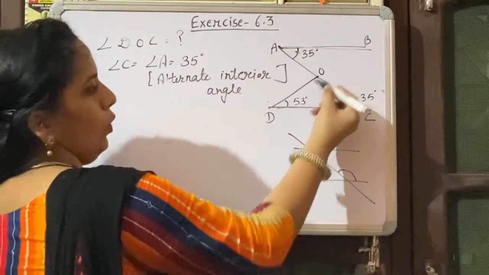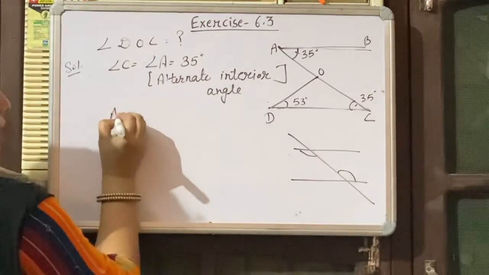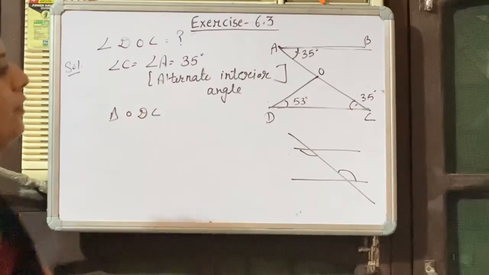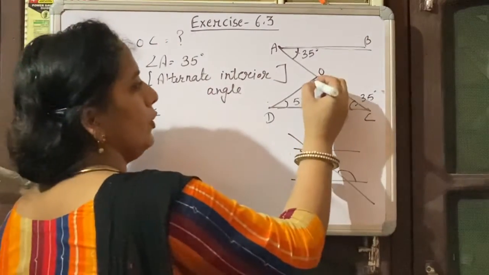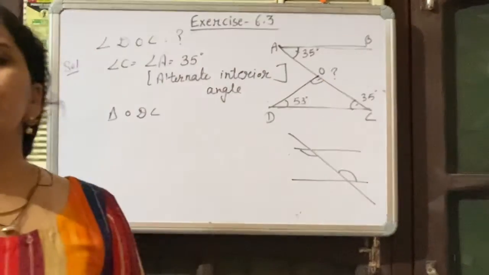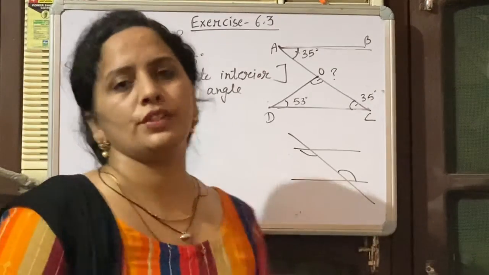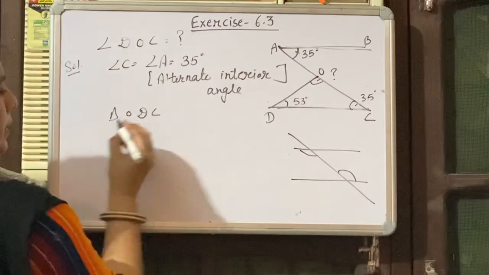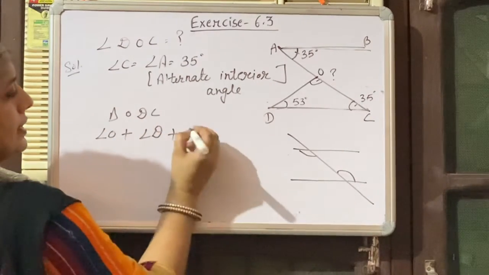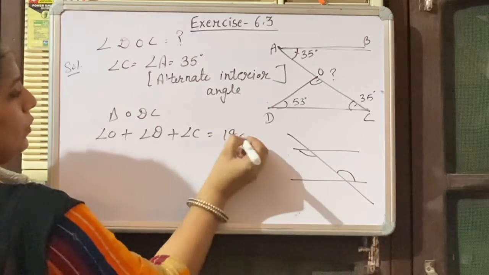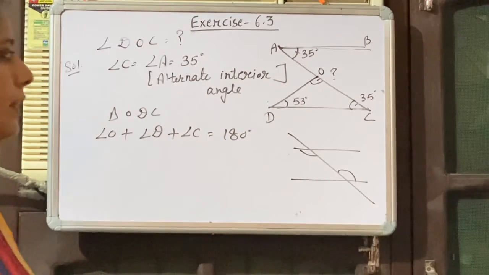So in a triangle ODC, we have two values. We can easily find out value of third angle by using angle sum property of a triangle. So we can write here that angle O plus angle D plus angle C is equal to 180 degree. Put the values.